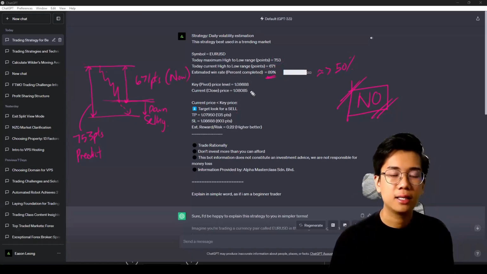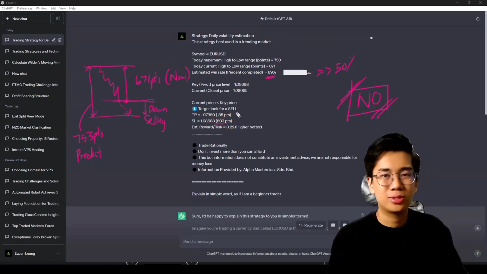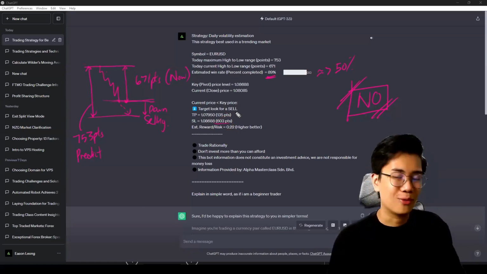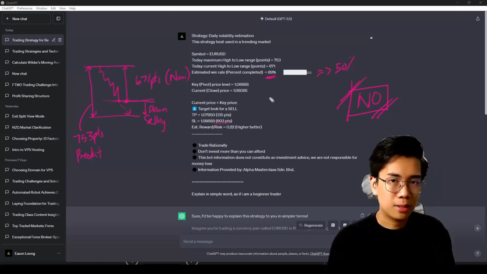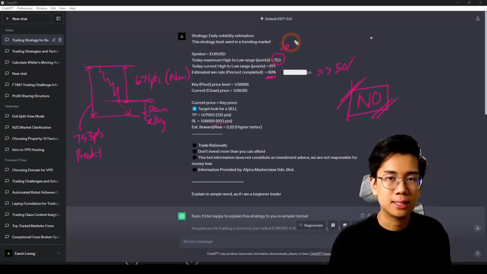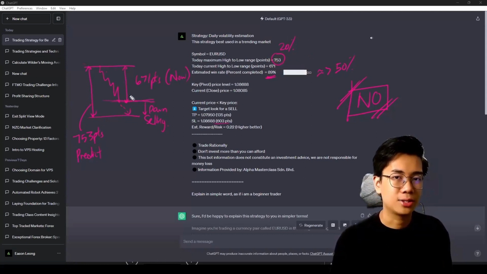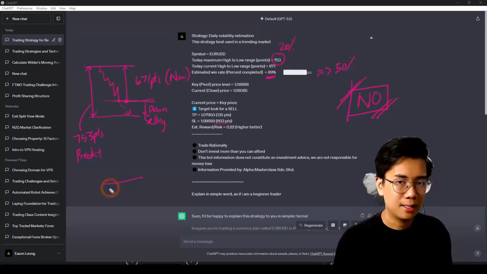Other than that is your stop loss distance. Sometimes the bot may give you an extremely small stop loss. They thought that you are waiting for this, so they give you that. A stop loss must anyway be larger than 20% of the volatility. Meaning that your stop loss cannot be like you buy, stop loss put very, very small and take profit huge.